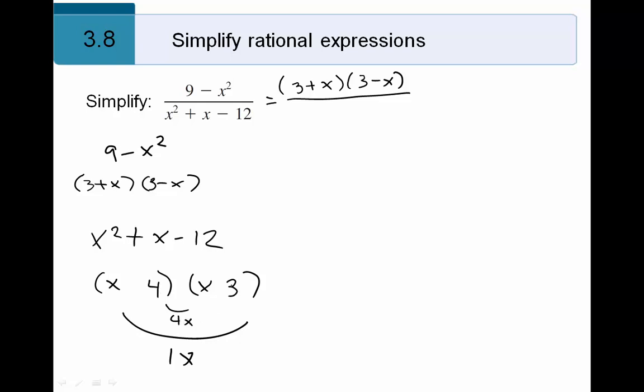I'm checking my inner and outer. 3 times x is 3x. My signs have to be different. In order for it to add up to positive 1x, my 4 will be positive, my 3 will be negative. So a positive 4, negative 3. So I'm going to put my x minus 3 right here. It doesn't matter. x minus 3 and my x plus 4.